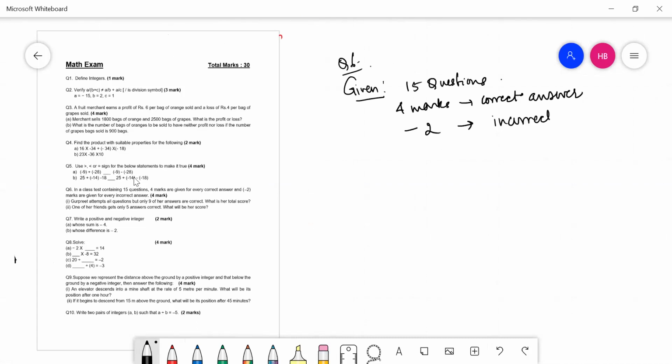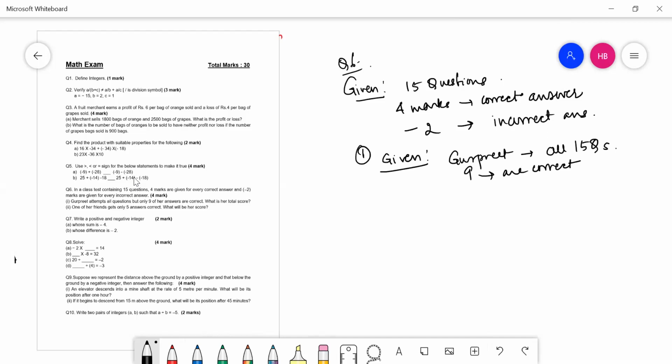Okay, that they have already given. Now, the first part given is Gurpreet attempts all questions. So Gurpreet did all the questions, all 15 questions. But only 9 of her answers are correct. So 9 are correct. Okay.